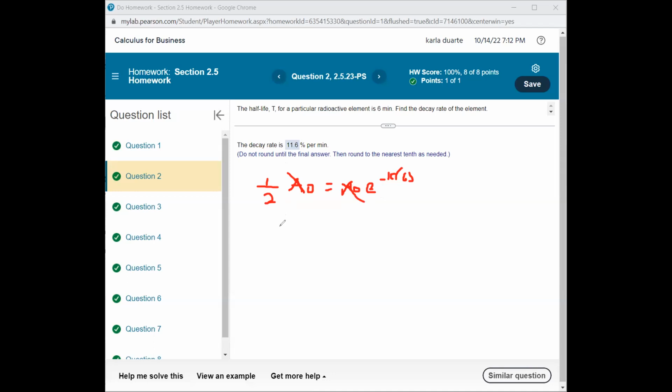So don't be thrown off by that, because that's the other thing that can wreak havoc in these problems. It comes out to 0.1155, which if I make it a percent is 11.6%. So not very hard.